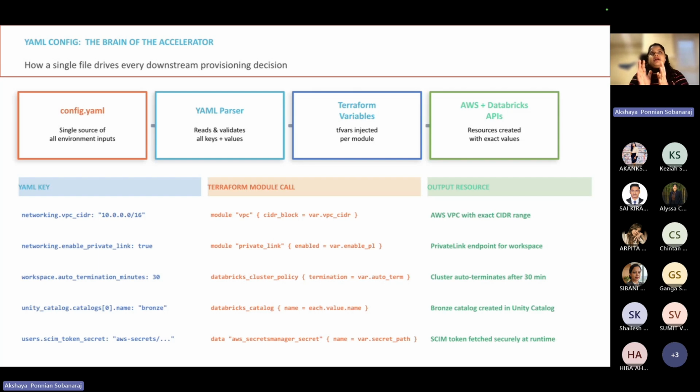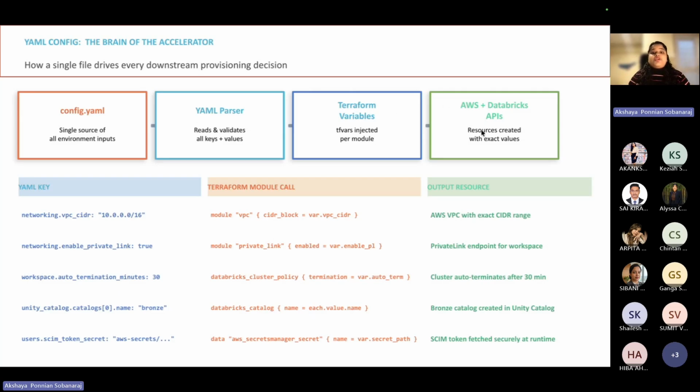And then consider the Terraform variables. Terraform is code which will create your resources, and you're going to inject these values into the variables. Variables are nothing but the inputs that are required before you start building your resources. And once you do that, all the resources will be created.